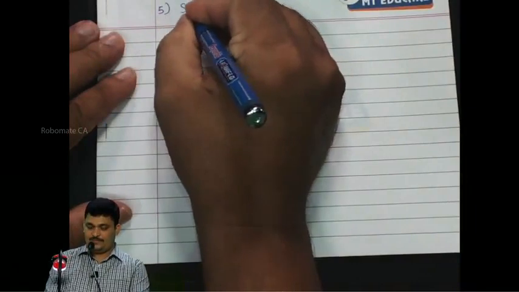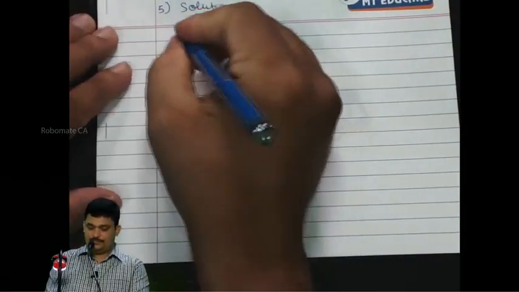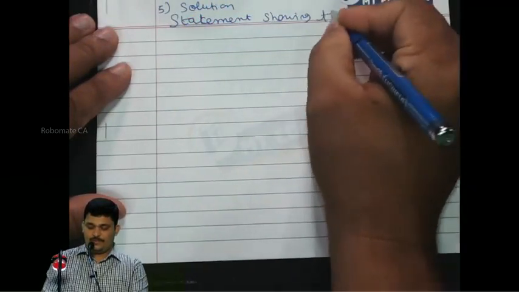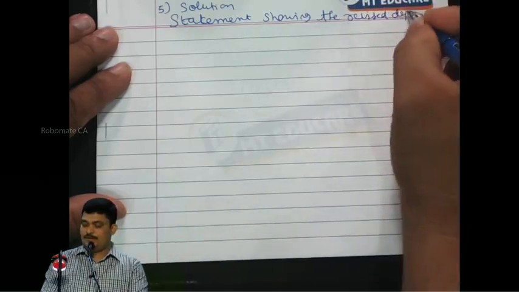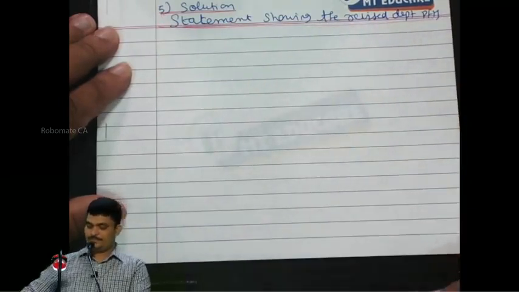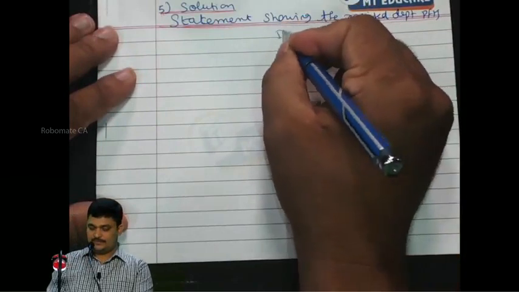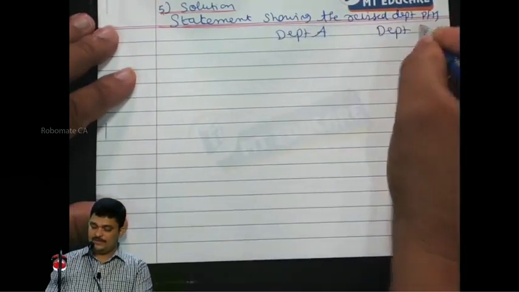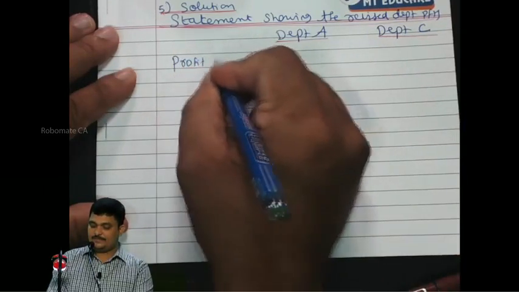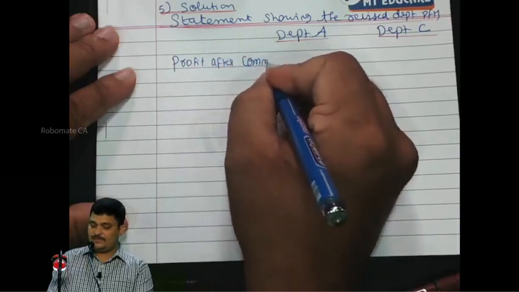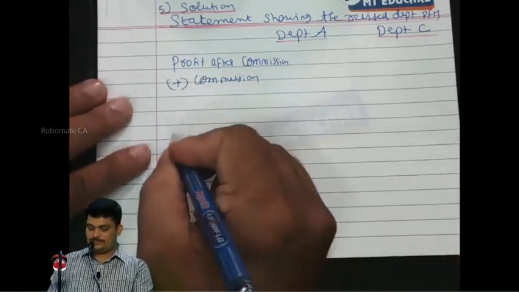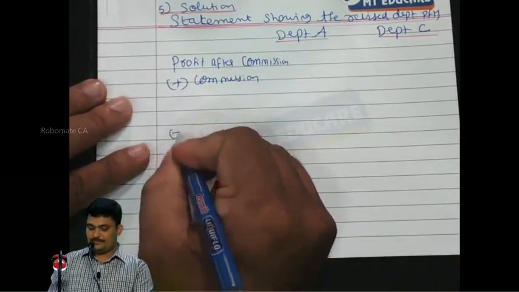Question number 5. Solution. Statement showing revised profits of department profits, department A and department C. Profit after commission, add back commission, minus unrealized profit.